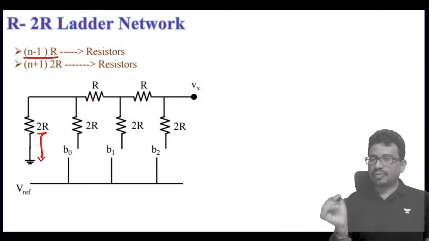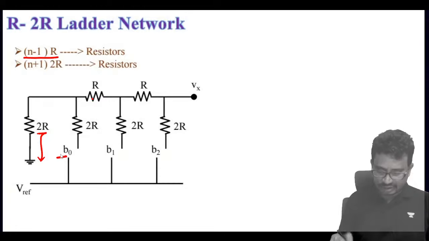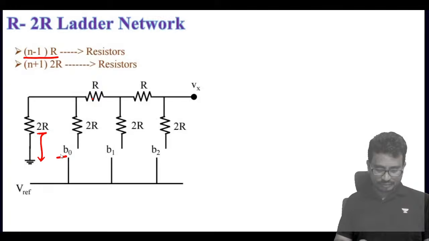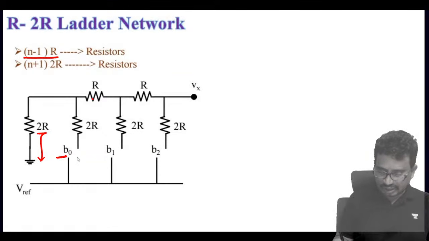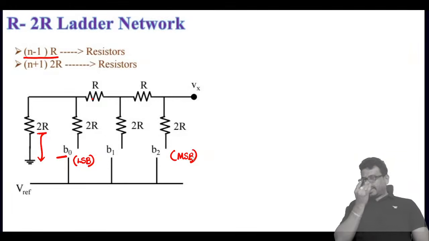Whichever bit is near the extra 2R, that is the LSB, and the other side will obviously be the MSB.